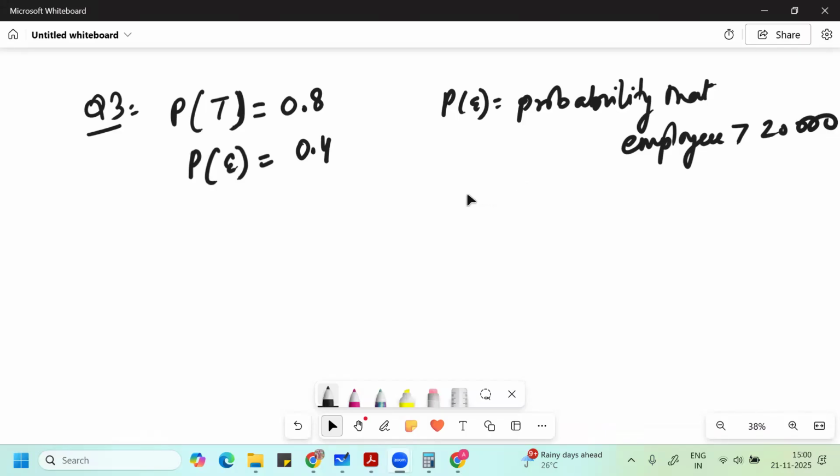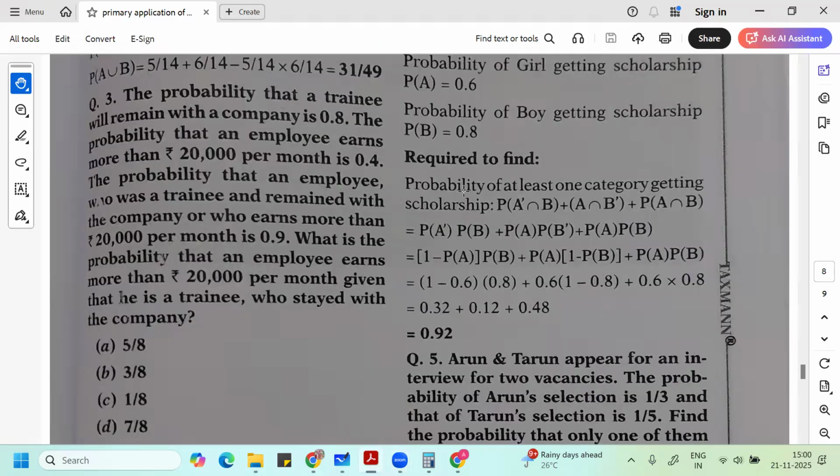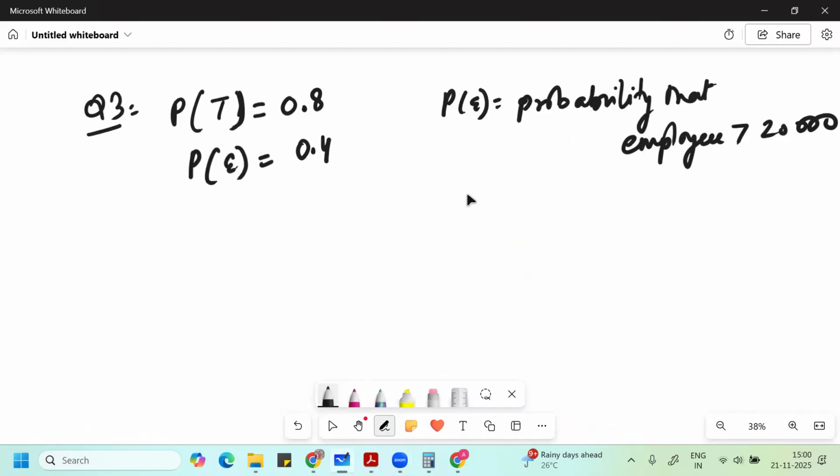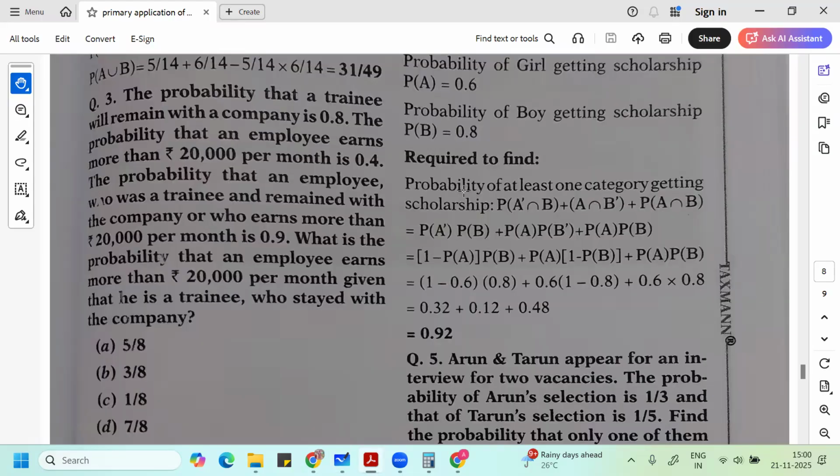So in this question, it was given that the probability that the trainee will remain with the company is 0.8, and the probability that the employee earns more than 20,000 rupees is 0.4. The probability that the employee who is a trainee remains with the company or earns more than 20,000 rupees is 0.9.